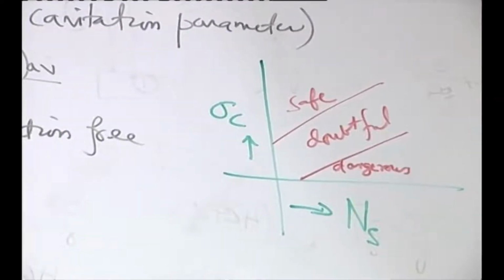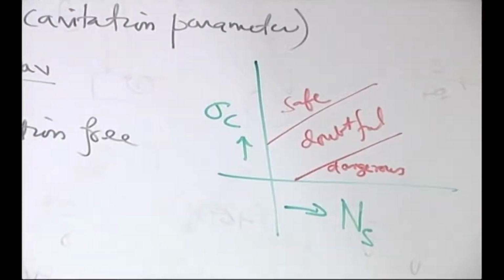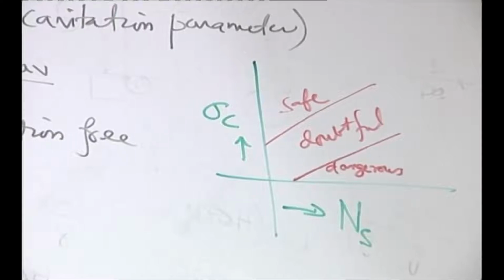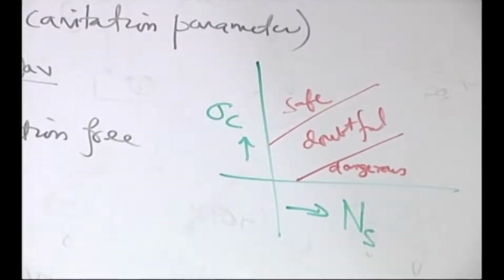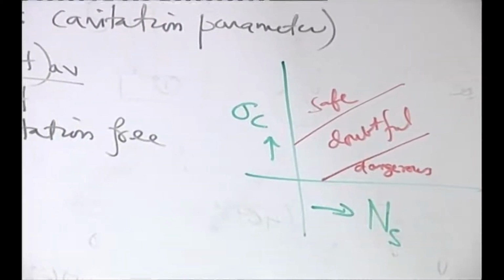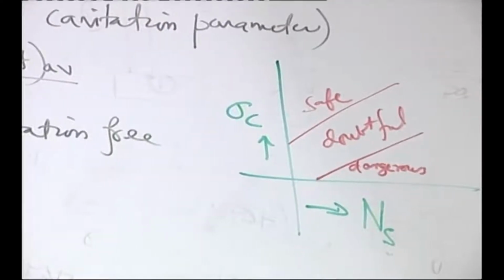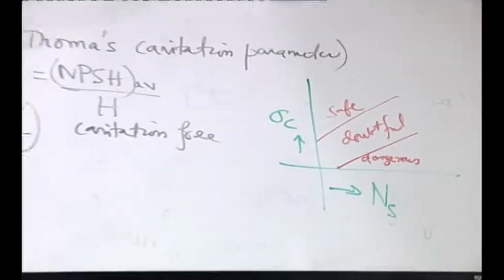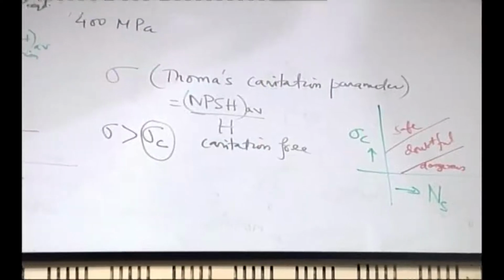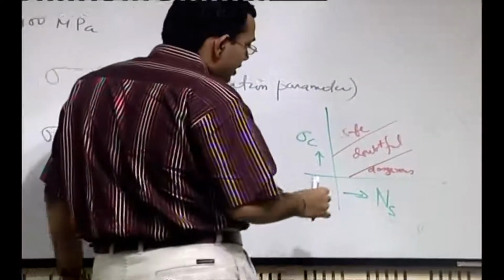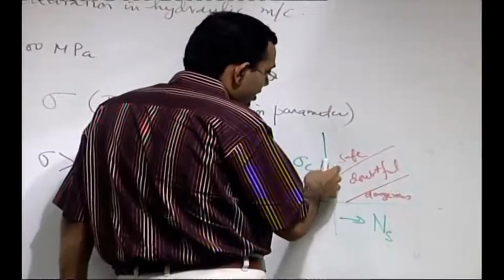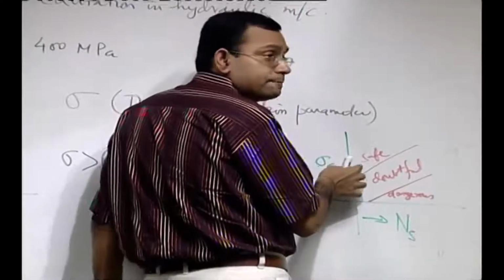Now, can you tell that for a system to avoid cavitation, sigma c should be less or more? Sigma c should be less, because then sigma has a greater chance of becoming more than sigma c. So you can see that this is the safe region.